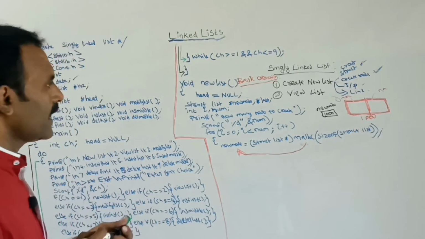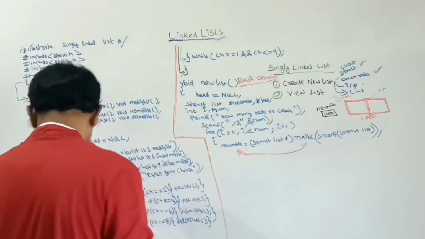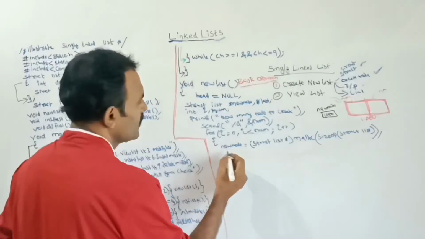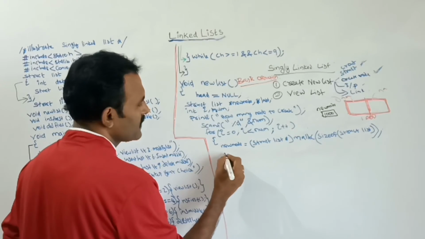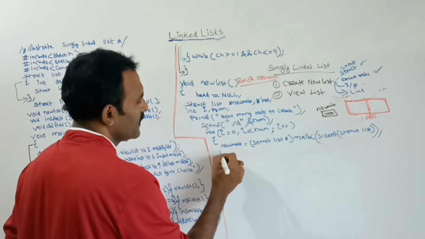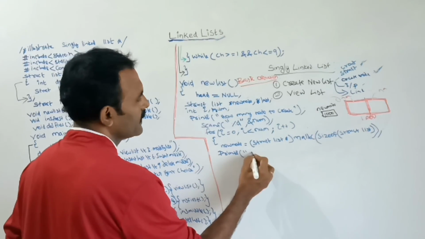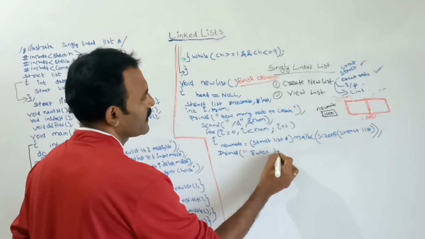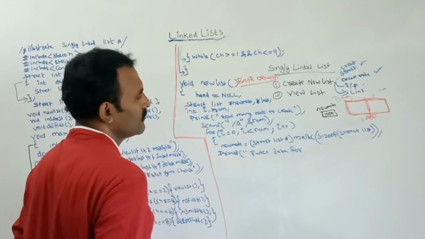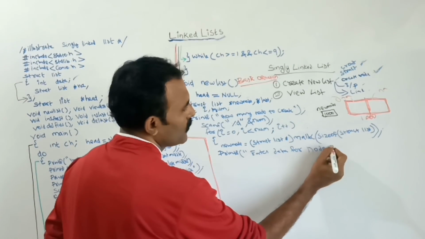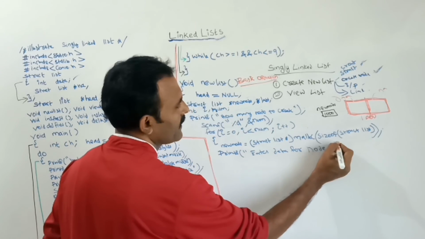See, next I am going to give the input. By using this scanf function I am giving the input. Before that I am giving a message with printf. Here I am telling it to print: enter data for node %d. Let us give it like this.